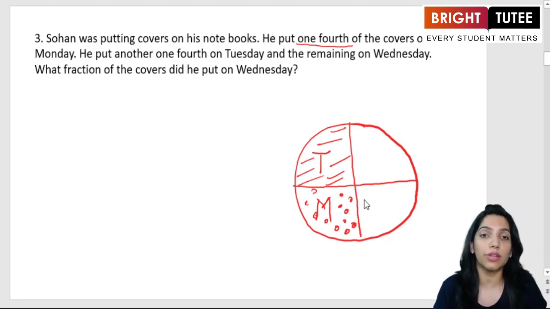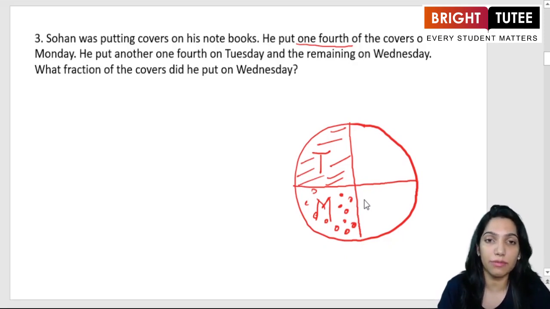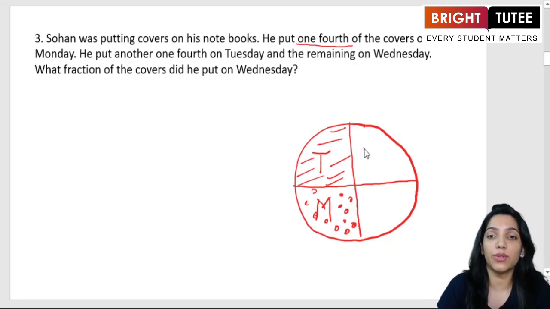So look into the diagram. What part is left that you see? How many of the total parts are left to be covered? Are you saying the answer is 2? Then you are absolutely correct because this is the remaining part that he needs to cover.